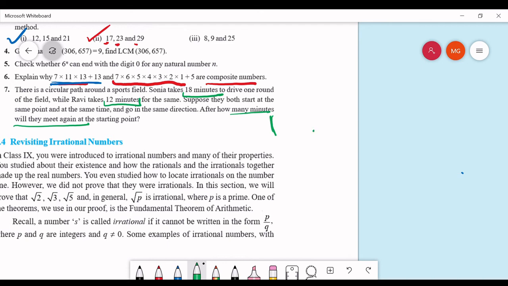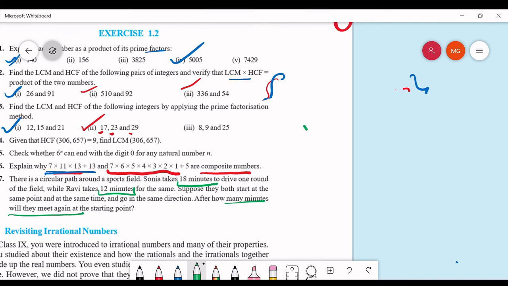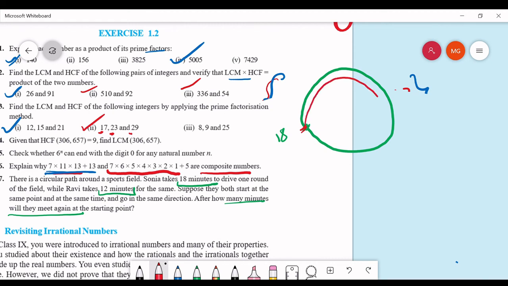Suppose this person starts from here and completes one round, reaching here in 18 minutes, right? Now the next person starts from here, and because he's taking only 12 minutes, in 12 minutes he reaches here. So after 18 minutes he will be reaching somewhere here, right?